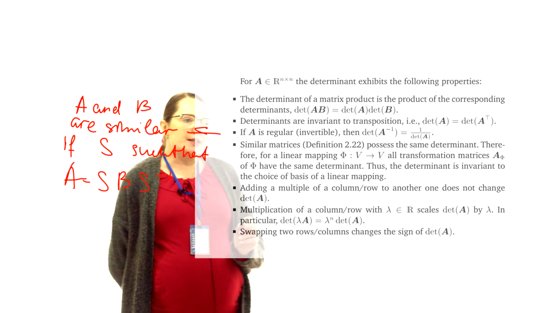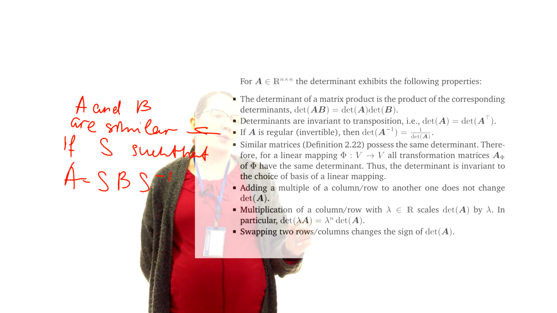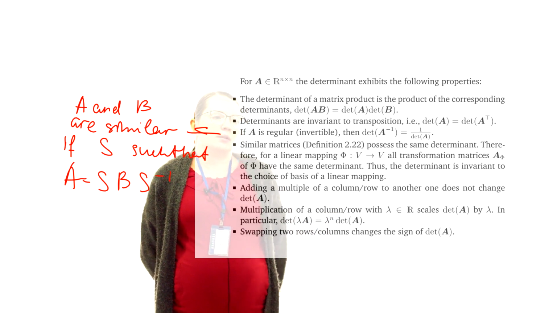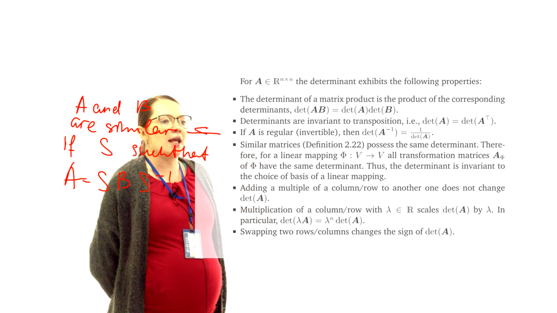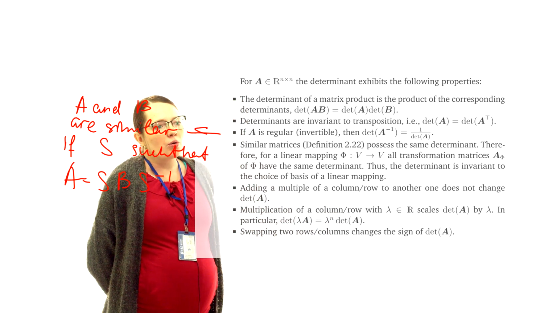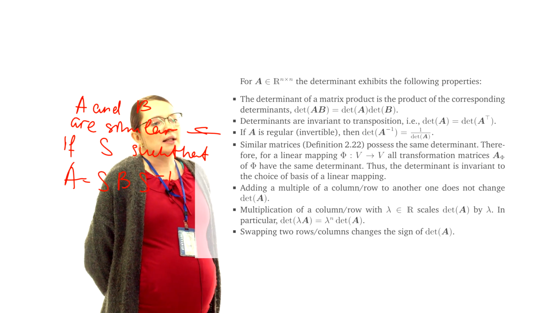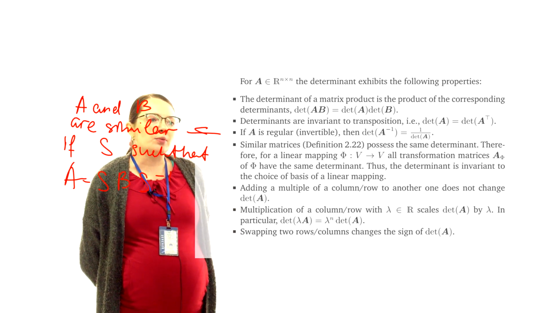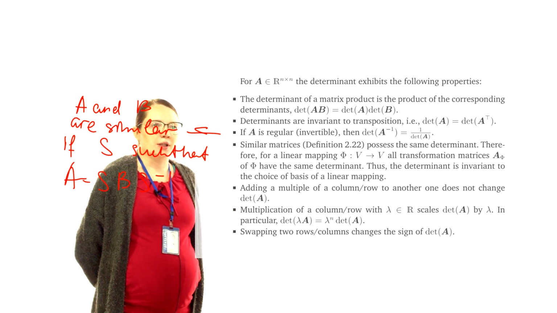In particular, if we multiply the whole matrix by a number lambda, this lambda will come out to the power n. A is an n times n matrix, so A has n rows. From each row or each column we get its own lambda, and so we get lambda to the n. And if we swap two rows or columns, we change the sign of the determinant.